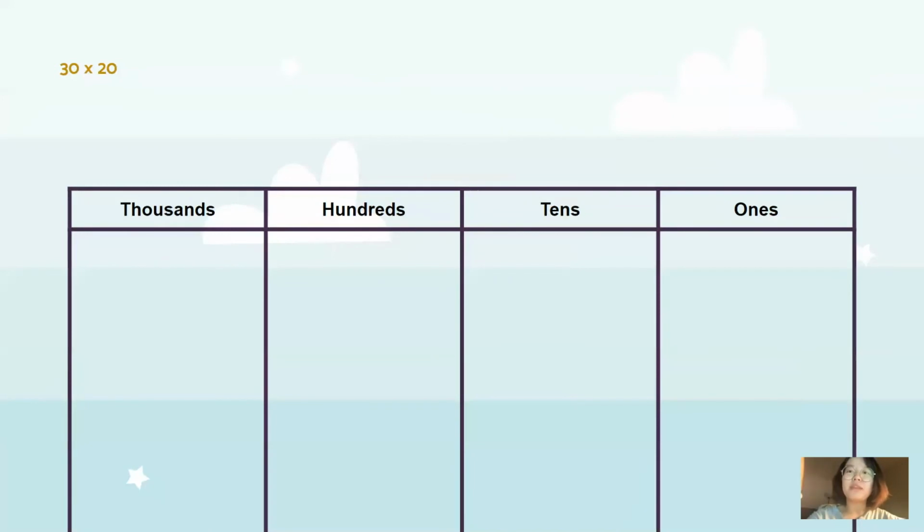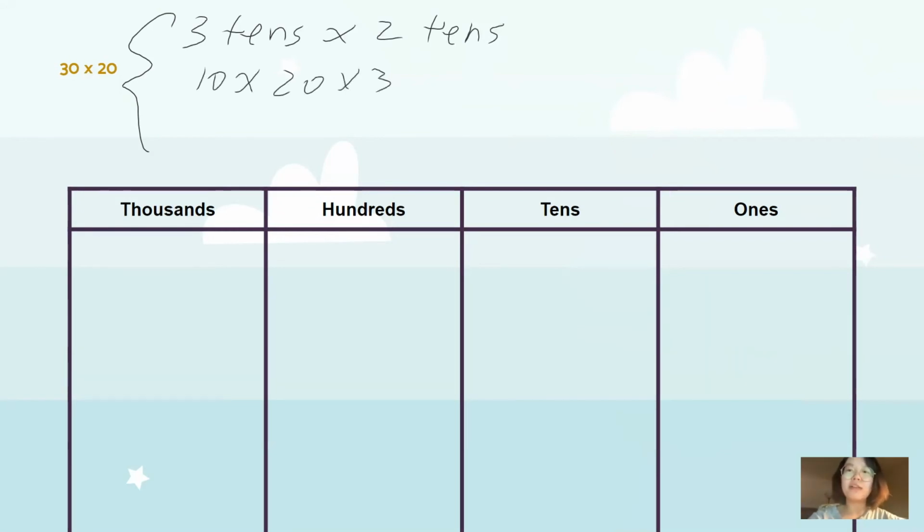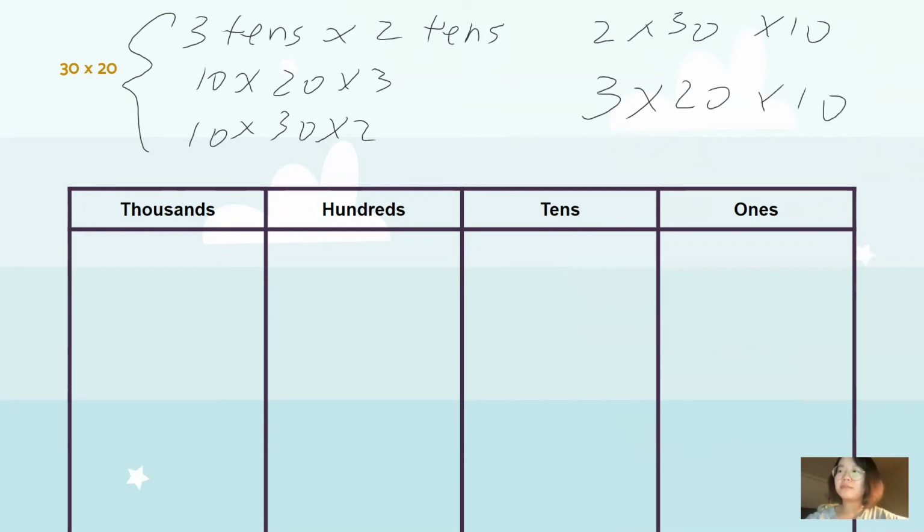We can express it like this: 3 tens times 2 tens, or 10 times 20 times 3, or 10 times 30 times 2, or 2 times 30 times 10, or 3 times 20 times 10.